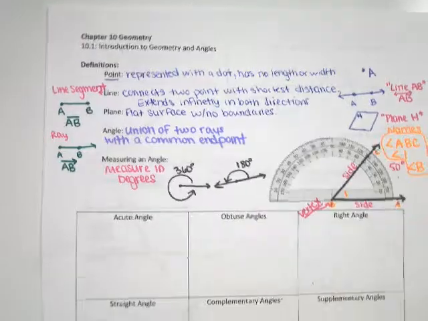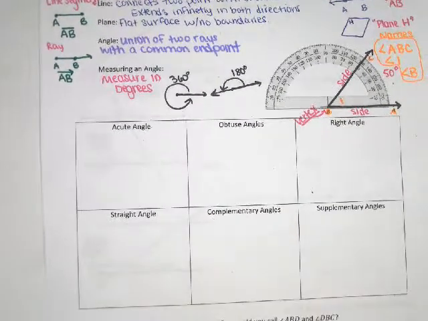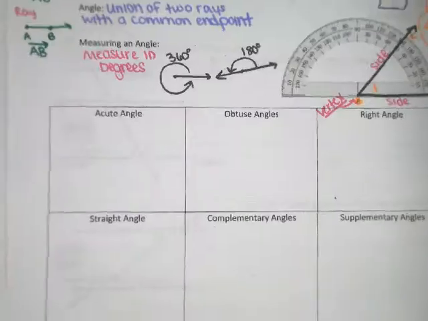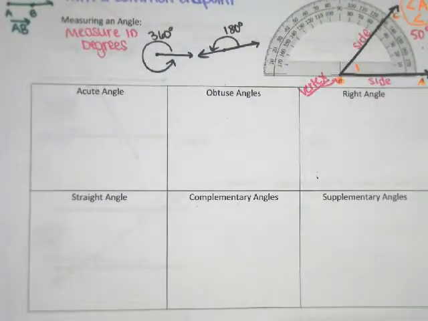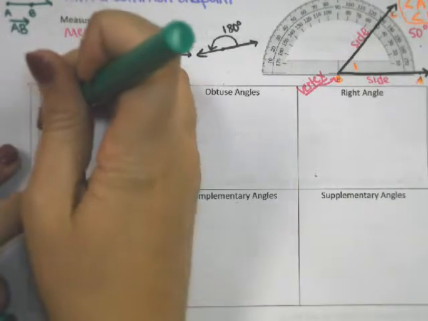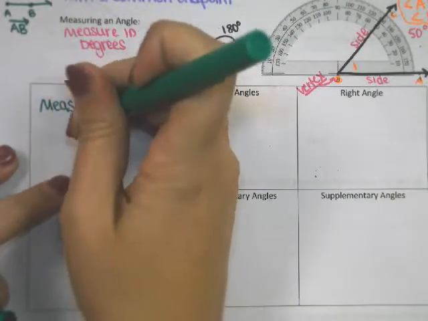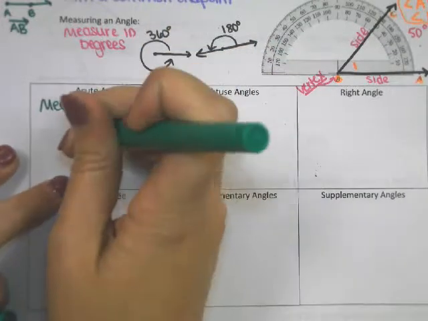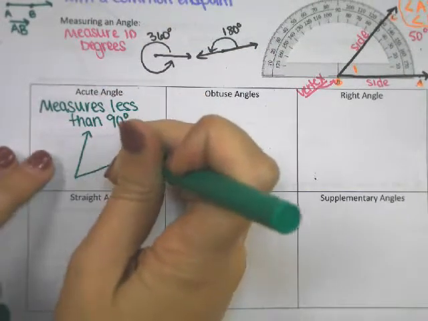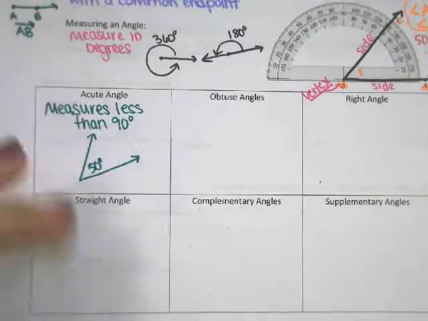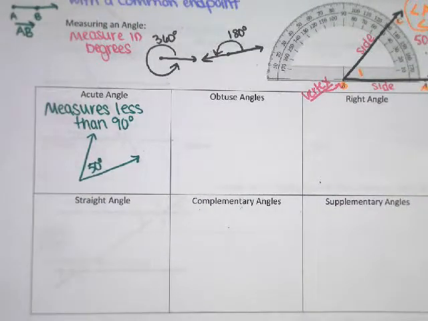We have lots of different classifications down here. First, we have acute angles, and an acute angle is going to be any angle that measures less than 90. So maybe a 50 degree angle would be an acute angle.